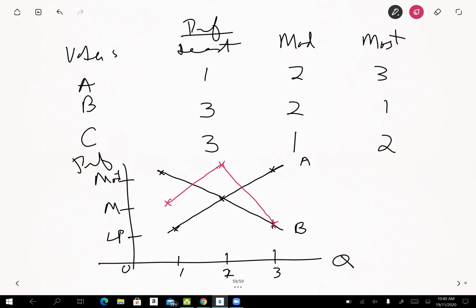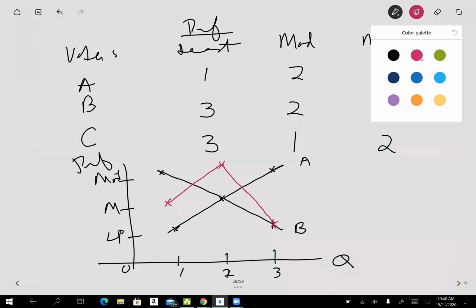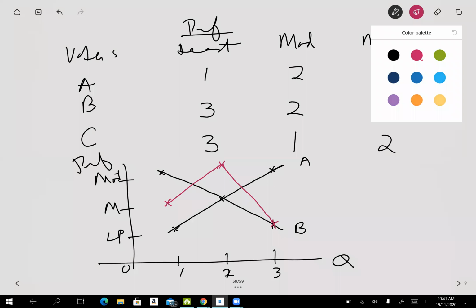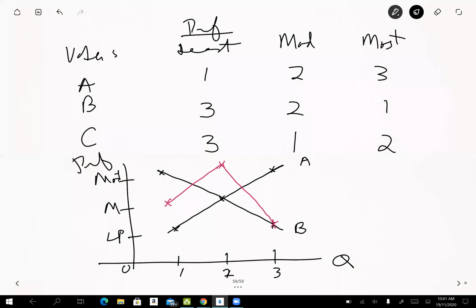All right. Now we do the voting. When you do the voting, we do it pairwise, head to head, and we see whether there is a clear winner or not. If there is a clear winner, that means you have a consistent outcome.